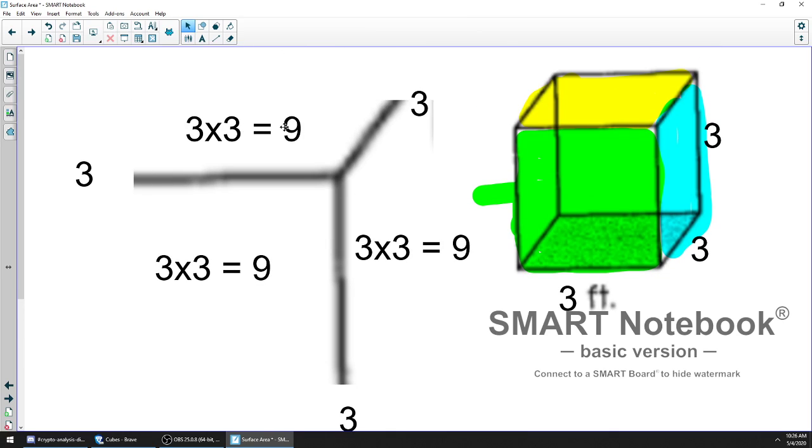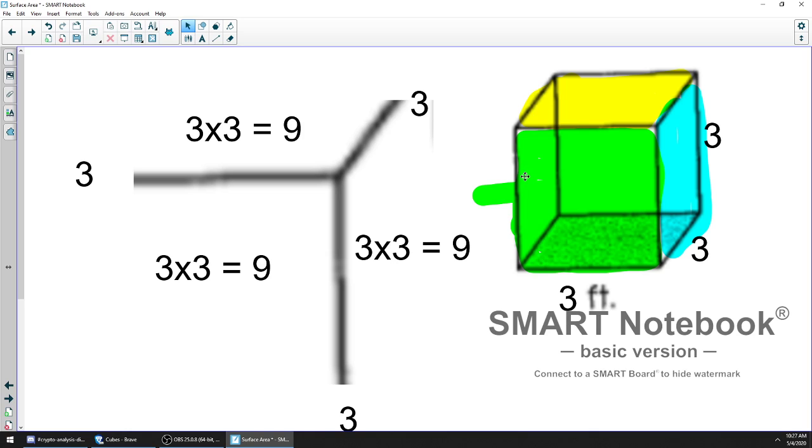Once you see that this represents the top, this represents the front, and this represents the right side. But how many faces are there in a cube? 6. I only got the top, front, and right.